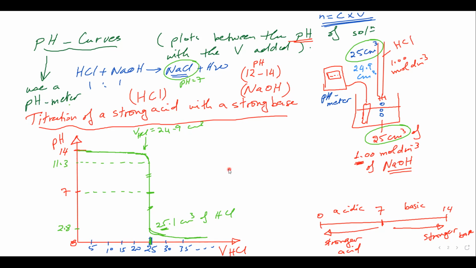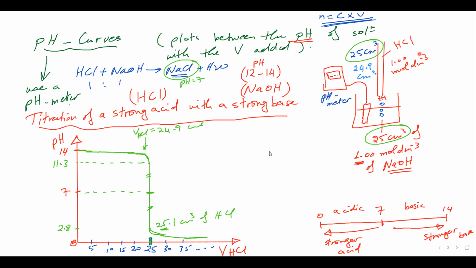Yes, Miss. Miss, why at 25 centimeter cube does the pH drop till 3? Because more than 25, the pH will be dropping till 3? Wafa, I can't hear you.